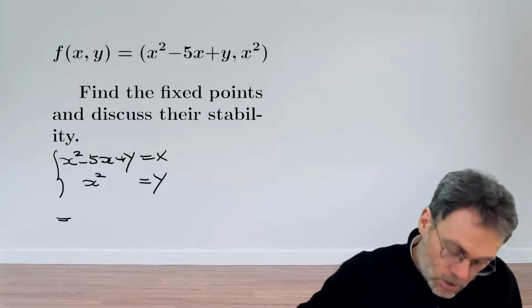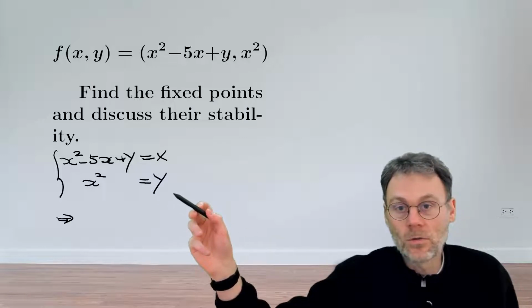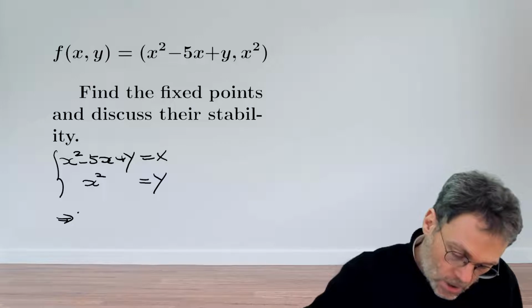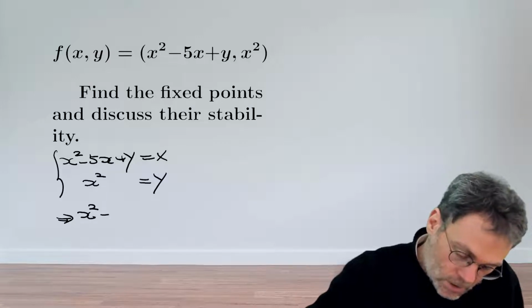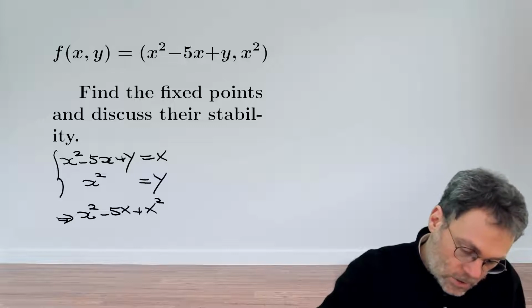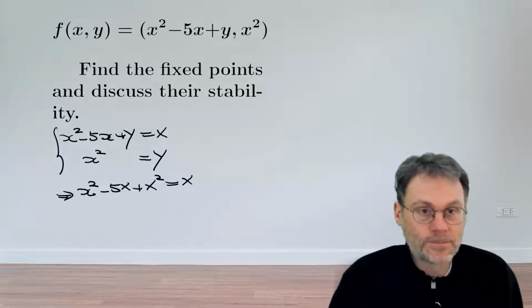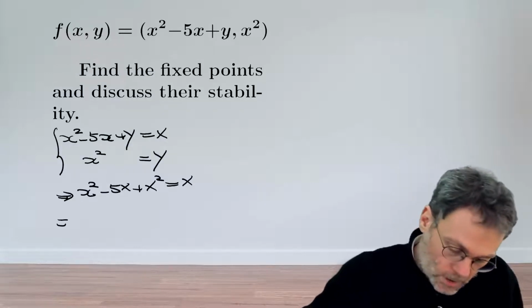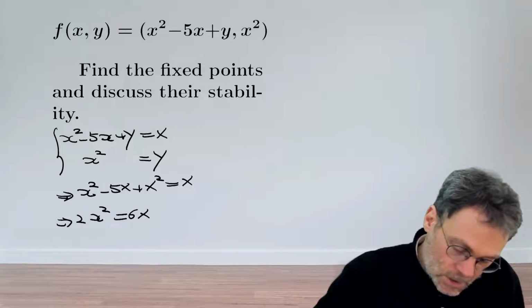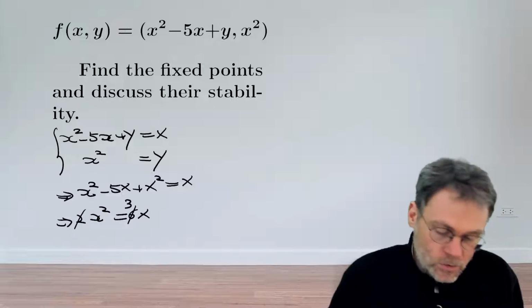Solving this is not so hard because we can just substitute y equal to x squared in that first equation here. So we have x squared minus 5x plus x squared equal to x. That gives us 2x squared equal to 6x, dividing by 2 here.